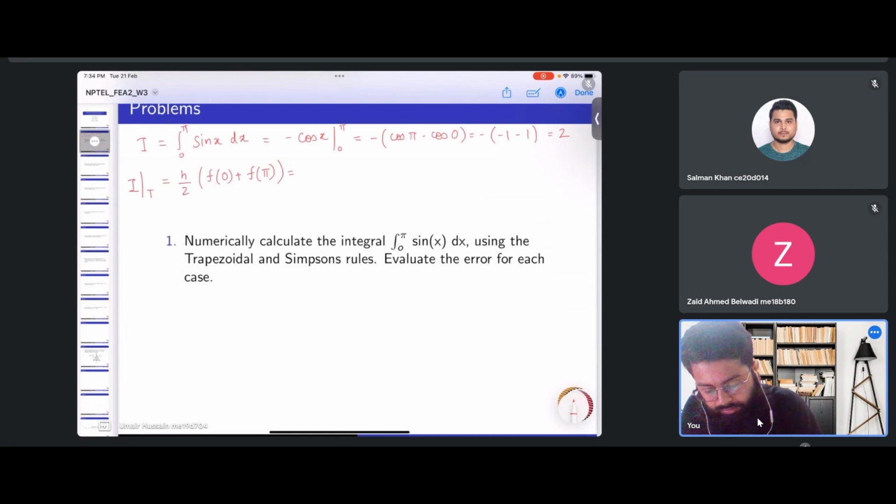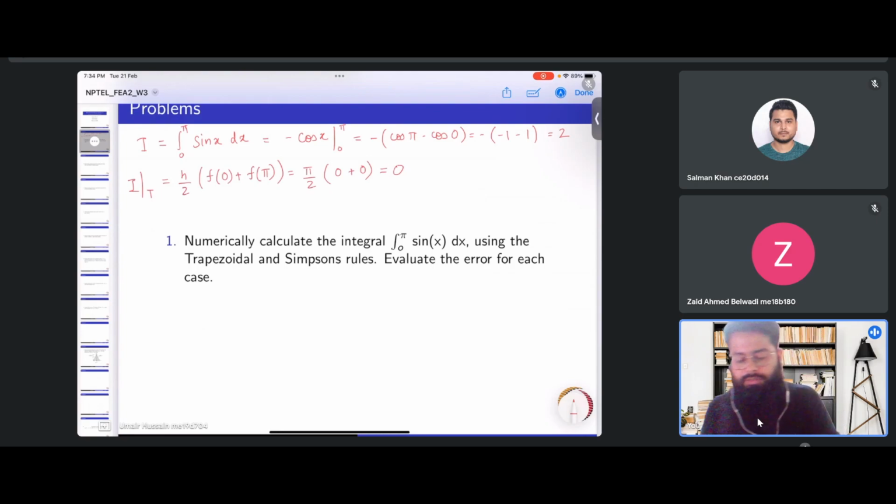The interval length is pi minus 0, which is pi. Sine at 0 is 0, and sine at pi is also 0. So we get 0.